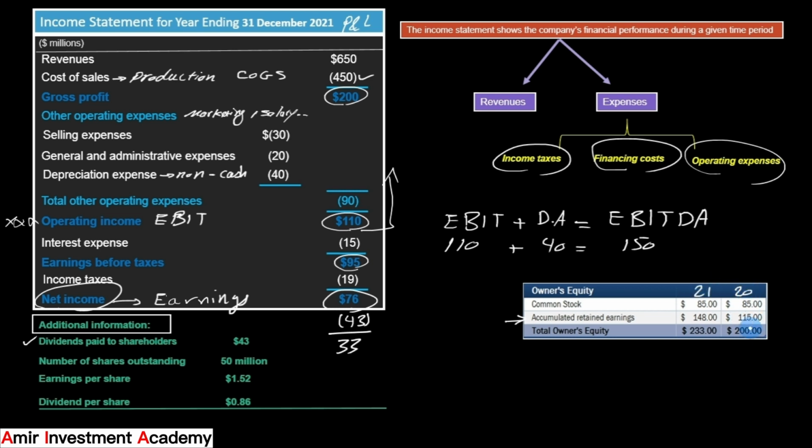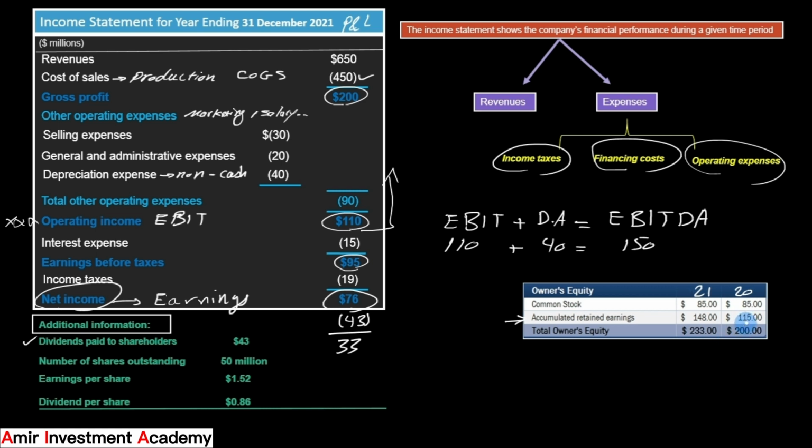The accumulated retained earnings in year 2020 was 115 million. That means from the beginning, from whenever the company started, up to 31st December 2020, they have accumulated retained earnings of 115 million.